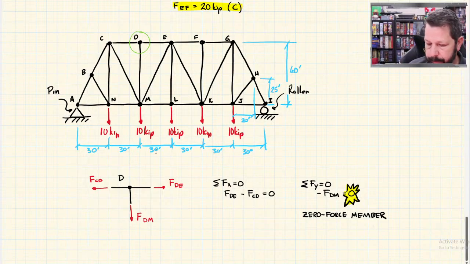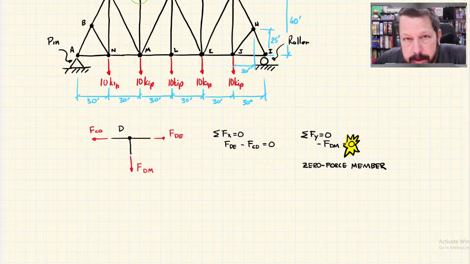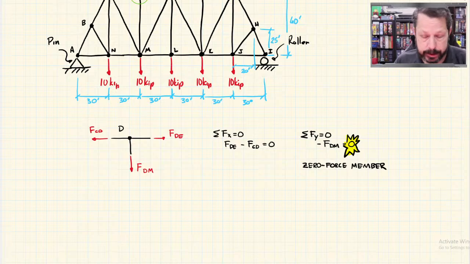But it'll be a little better if you can look at the truss and say, oh, those are zero force members in this configuration. In this truss, I see 1, 2, 3, 4. Yeah, I see 4 zero force members in this truss just by looking at it. So here are some rules to find zero force members without having to write the equations.